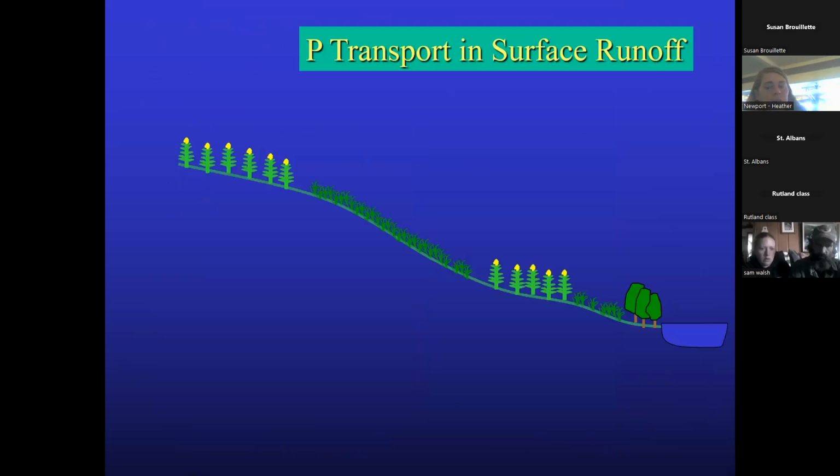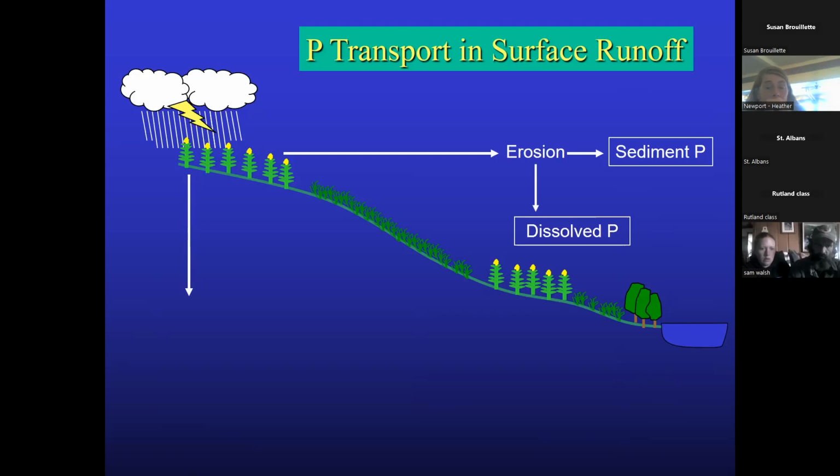With the phosphorus index, what we're really looking at is the transport of phosphorus. So how does phosphorus leave the farm? I've already said this probably 10 times. You have two types of phosphorus leaving the farm.